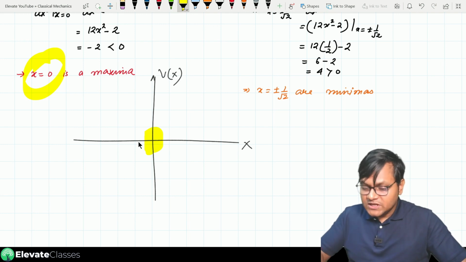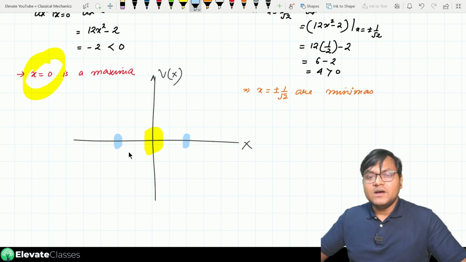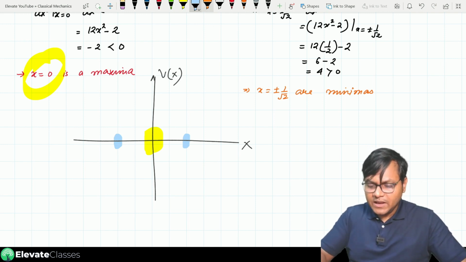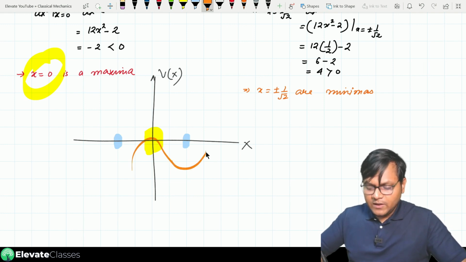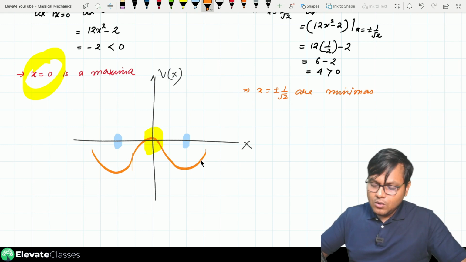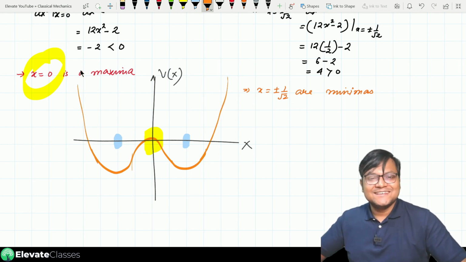And there are 2 points, let's suppose plus minus 1 by root 2, where there are 2 minimas. So how can you make sense of this? There is some kind of a maxima here, and some kind of a minima here. This looks something like a W. Now this makes perfect sense.